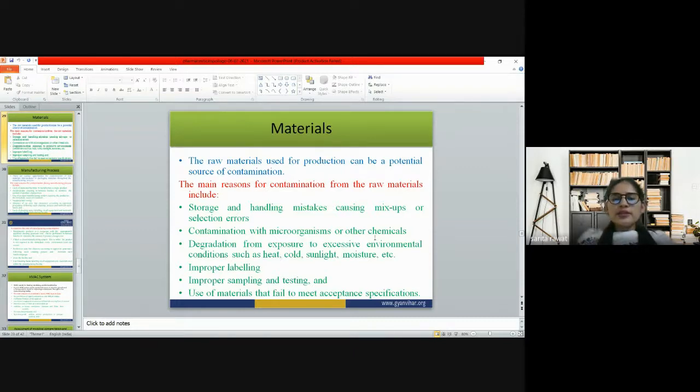The main reasons for contamination from the raw material include storage and handling mistakes, causing mix-ups or selection errors, contamination with microorganisms or other chemicals, degradation from exposure to extreme environmental conditions such as heat, cold, sunlight, moisture, etc., improper labeling, improper sampling and testing, and use of material that fails to meet acceptance specifications.